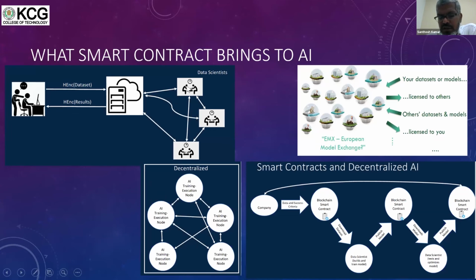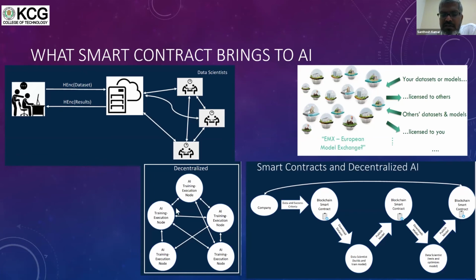The second one, as I said, smart contracts will ensure that it is decentralized. In the first piece, it was all about data protection and data privacy, right? Now, the second one is decentralized execution. So here, different data scientists would have different algorithms. Is there a way in which smart contracts can aggregate the models and generate a model which produces larger results, like bringing 1 + 1 as 11 instead of 2?